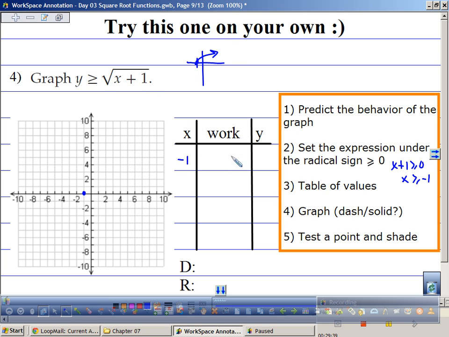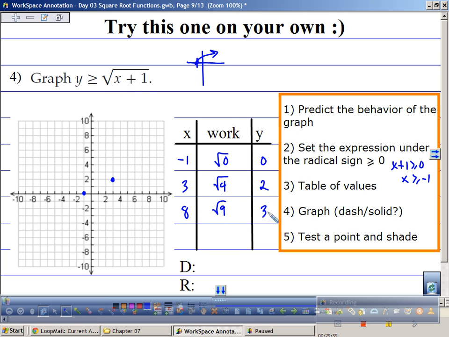If I put in negative 1, I'm going to get the square root of 0, which is 0. So let's try, how about 3? If I put in 3, I get the square root of 4, which is just 2. So 3, 2. Another good one would be 8. 8 plus 1 would be 9.